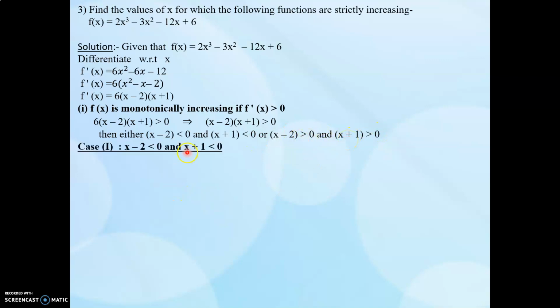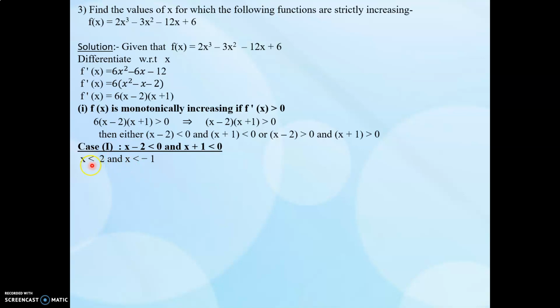So case 1: we are considering the first factor less than 0 and the second factor less than 0. So x - 2 less than 0 means x is less than 2, and x + 1 less than 0 means x is less than -1.